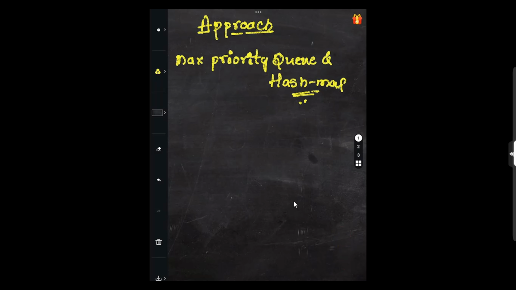One thing we have to keep in mind is that we have to store the frequency of each task, how many times each task appears, somewhere. For that, we'll make use of a hash map. And we have to make use of the maximum frequency task every time, so for that we can make use of a max priority queue or a max heap.